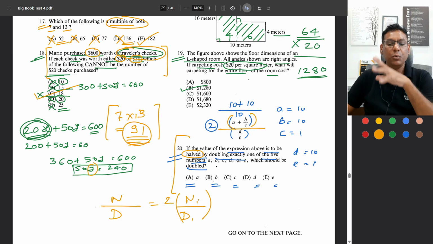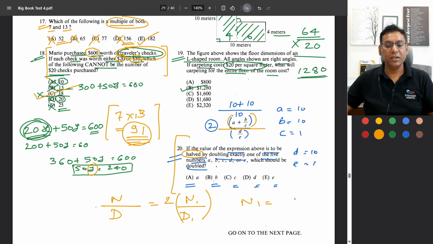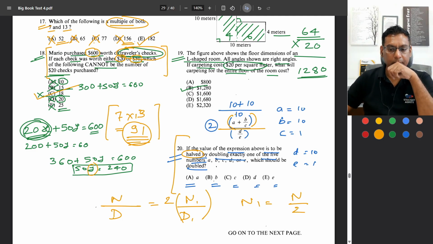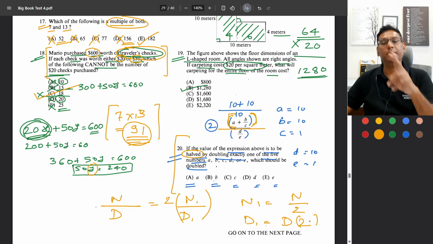So what do I have to do? N1, the new numerator, has to be the original numerator by 2, or D1 has to be 2 times the original denominator. Correct?